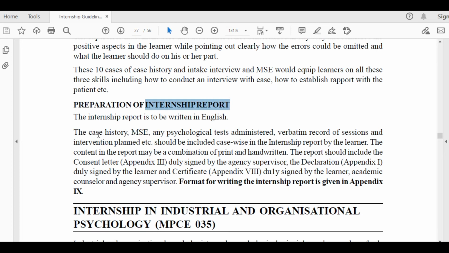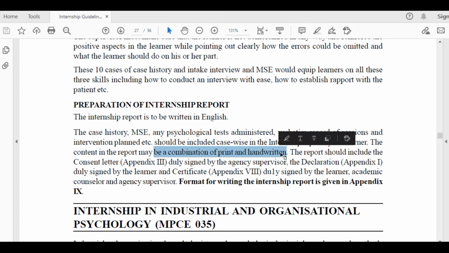They have mentioned case history, MSE if you conduct, any psychological tests if you conduct, and the verbatim record of the sessions, and the intervention plan, that if you are calling their parents or anybody to intervene, or any senior doctor or somebody to intervene, or any other session planned for the person, that intervention you need to write. This is the content of the report.